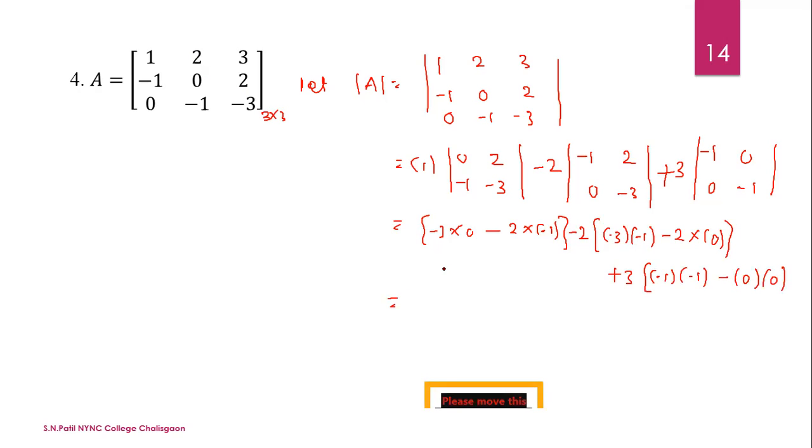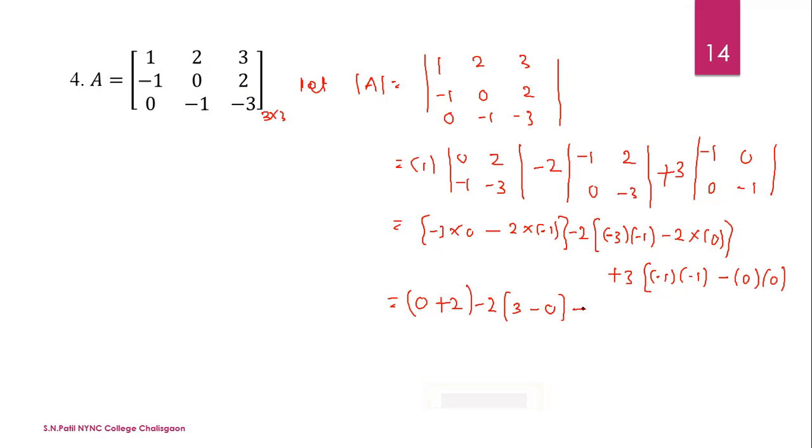So we get here 3 into 0, that is 0, minus 1, and this minus sign, minus minus, plus 2. Now here minus 3 and minus 1, that is plus 3, minus 3 is 0.